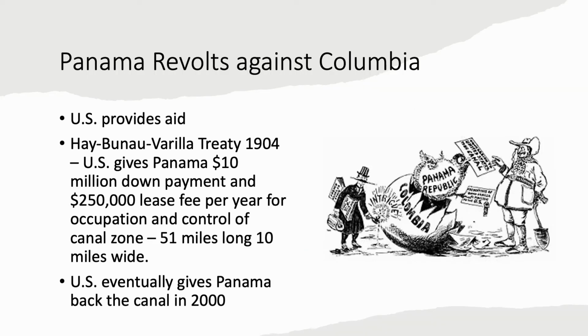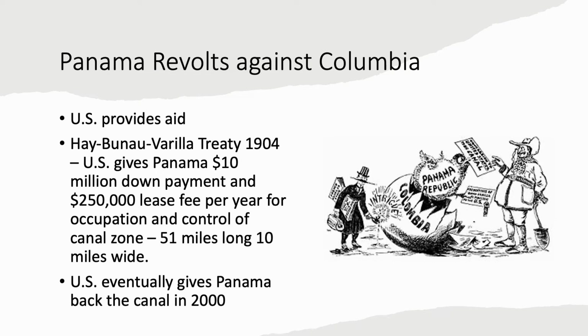The United States decides we're not going to pay that much, and they decide to support Panama in revolting against Colombia. So the United States provides aid to Panama. We're going to help them successfully gain their freedom from Colombia, and they'll become their own nation.